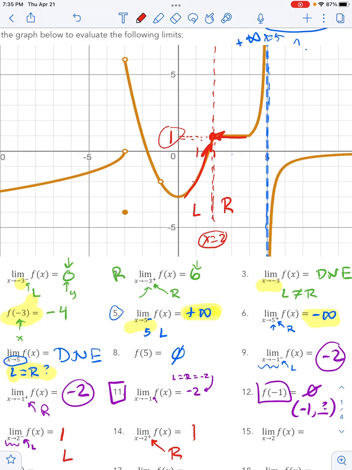So since my left equaled my right, and they both equaled 1, then my overall limit to 2, because this was 2 from the left, 2 from the right, overall 2 is going to have that same value. Because when you look at the graph and you go to an x of 2, you actually have a y value of 1.